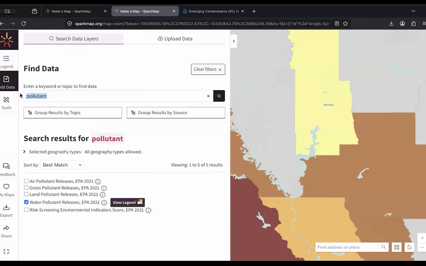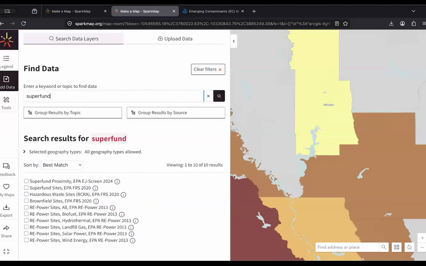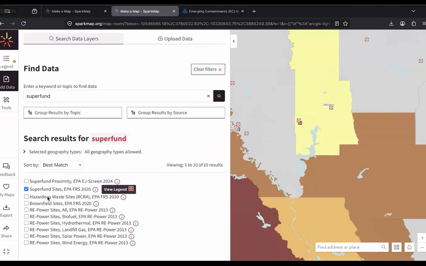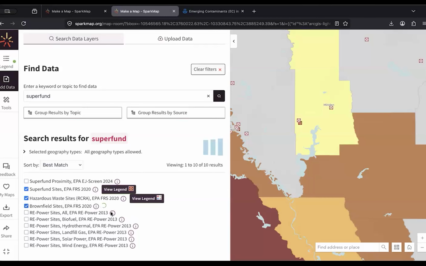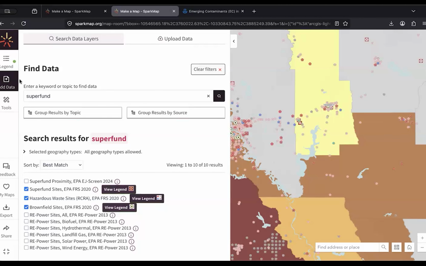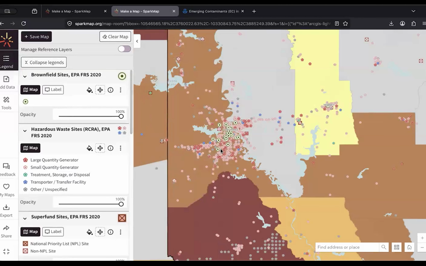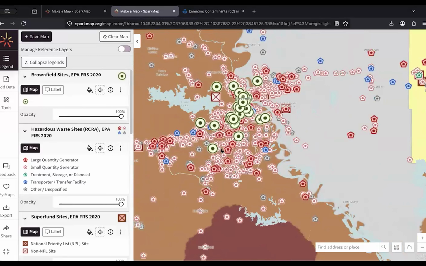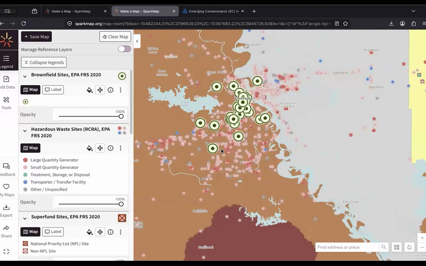Some other ones that we have include Superfund data. So we've got proximity to Superfund sites, hazardous waste sites, and brownfield sites. All of these are great to know about. They're not necessarily leaking or leaching, but they could be, and they could be contributing to some of those water quality violations that we're seeing in this area as well.